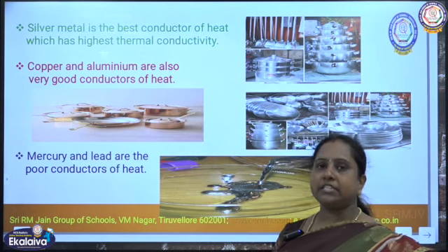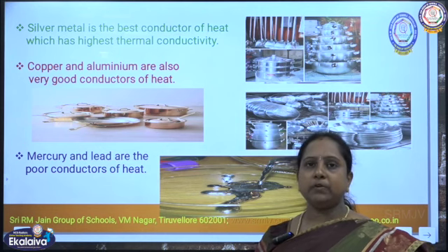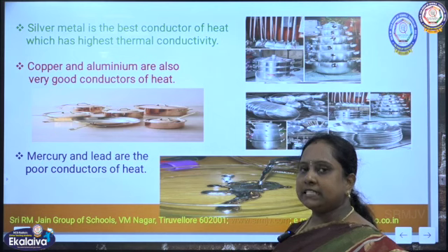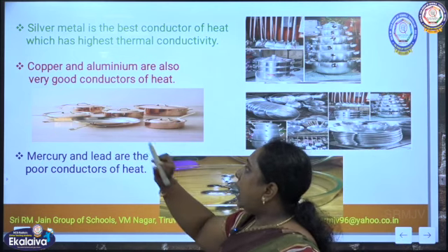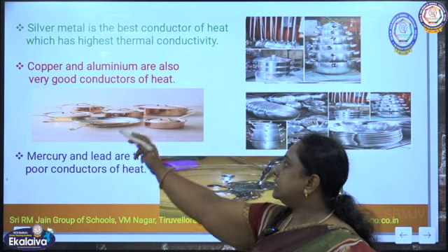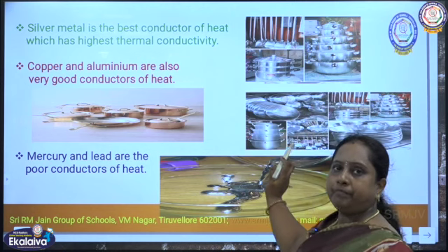Utensils made of silver save time as well as energy, making cooking easy. Copper and aluminium are very good conductors of heat. That is why cooking utensils are made of copper and aluminium, as you could see here.